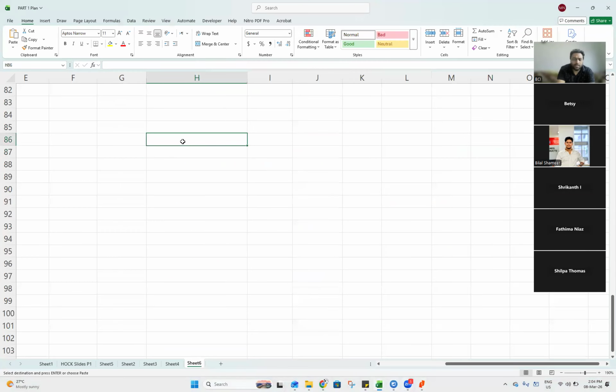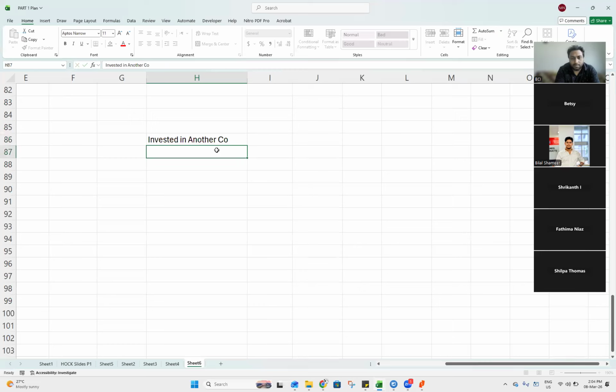See, you have invested in another company, and if you have more than 50 percent or more voting rights, then we say you have control over the other company. Clear?